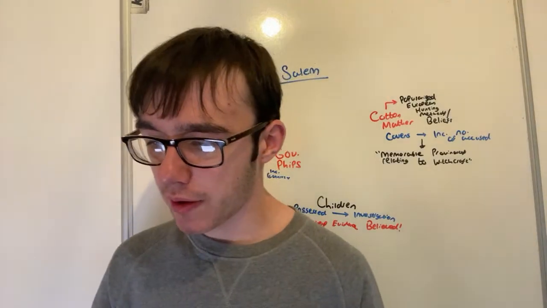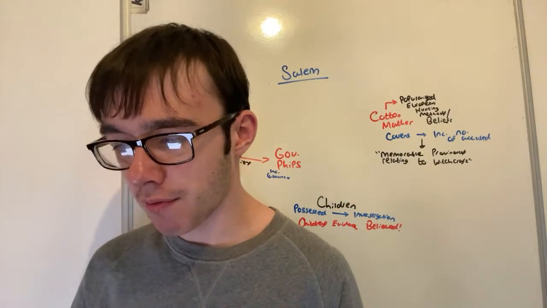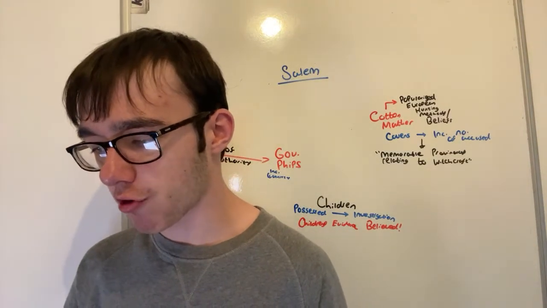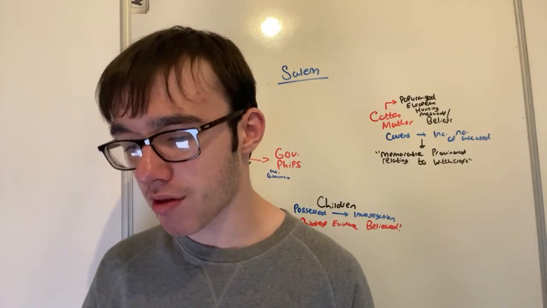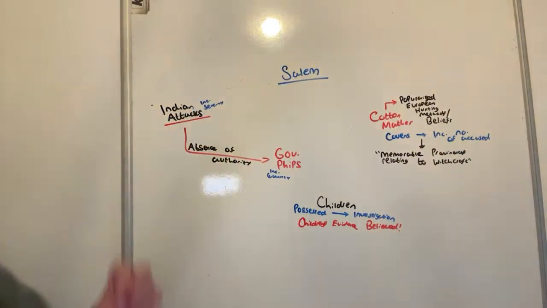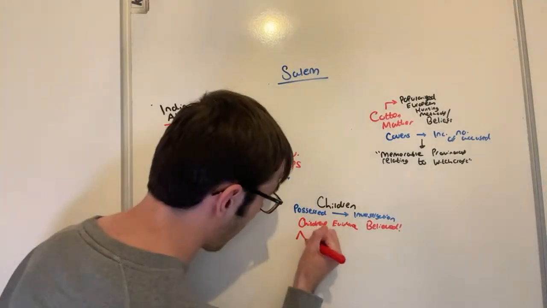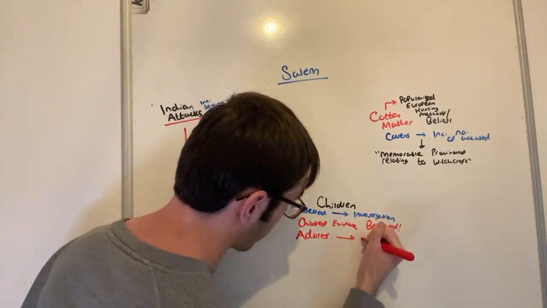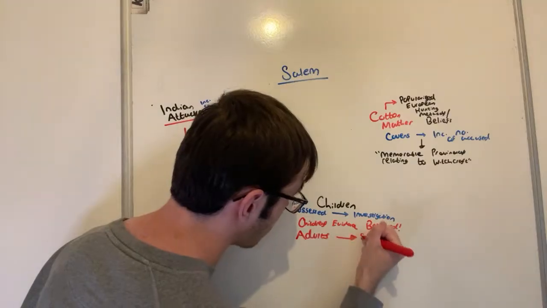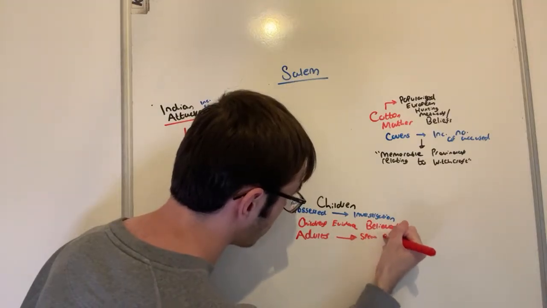Also, when they were too young to testify, the accusations of the children were endorsed by adults, which added weight to evidence. That is a huge one. The idea that adults would speak for the children.